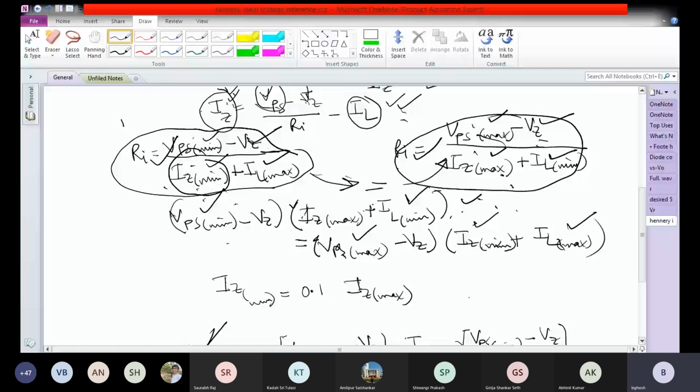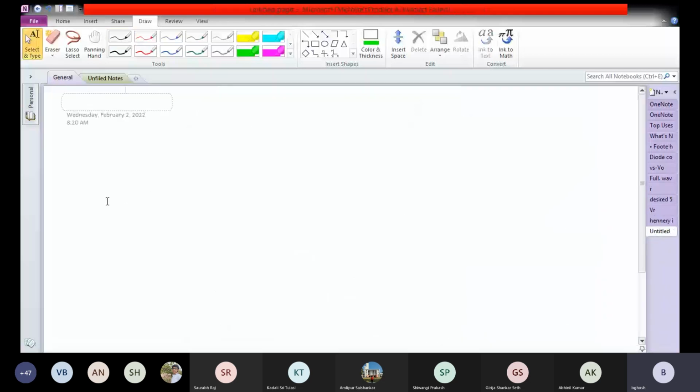Now let us go to a definition of how well the Zener diode does this job of maintaining the output voltage constant irrespective of the change in input voltage or the change in output current. So let us draw this circuit. Basically the same circuit with the Zener resistance.